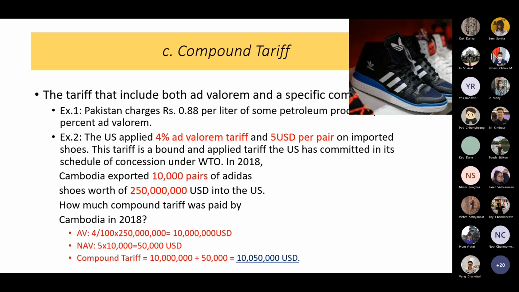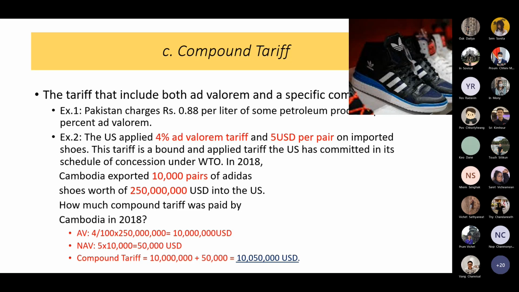For the AV, 4% we divide by 100 to find the actual value, then multiply by the whole value of the product, $250 million. So the AV alone stands for $10 million of tariff.